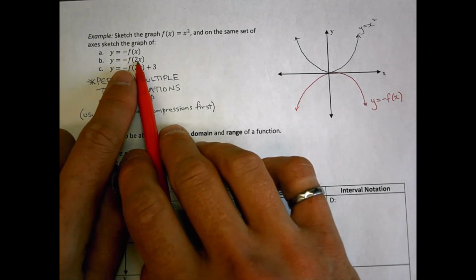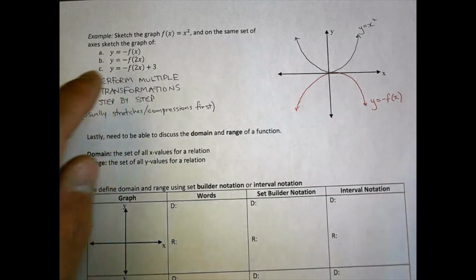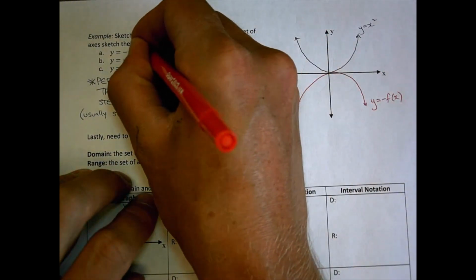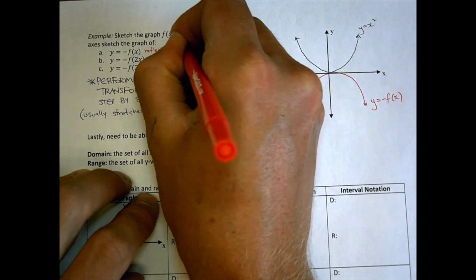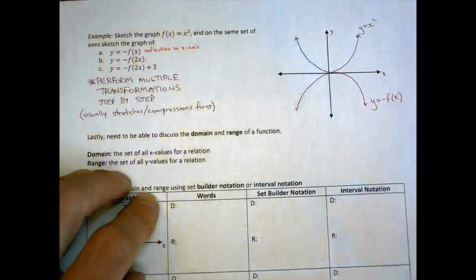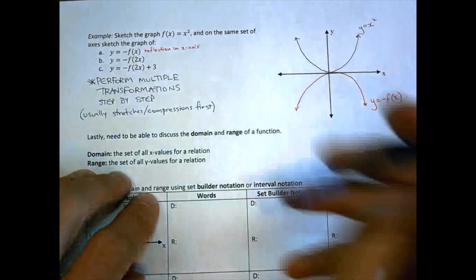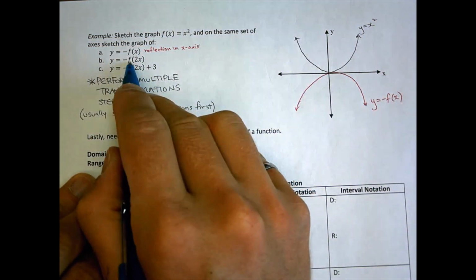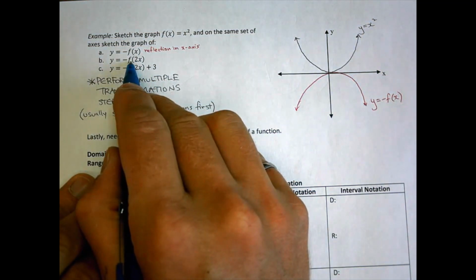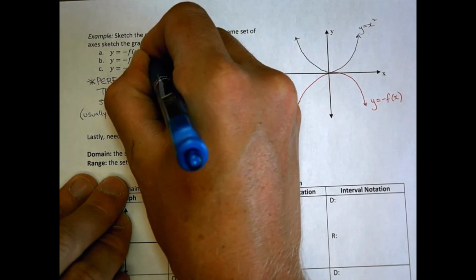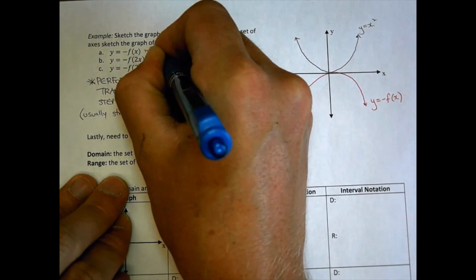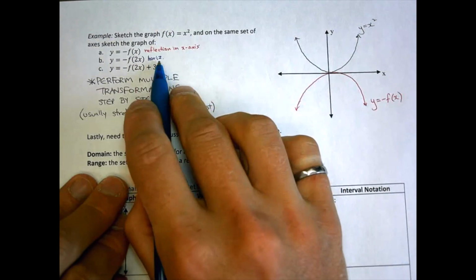So if I look at this, this was a reflection in the x-axis. I should look at this and remember, okay, well, I'm subbing in a number, so this is a horizontal stretch or compression.